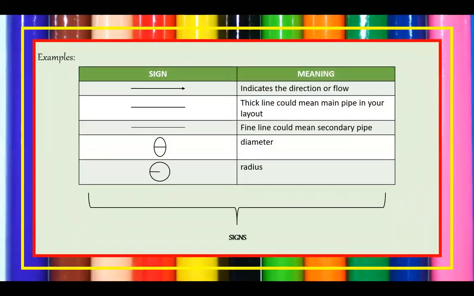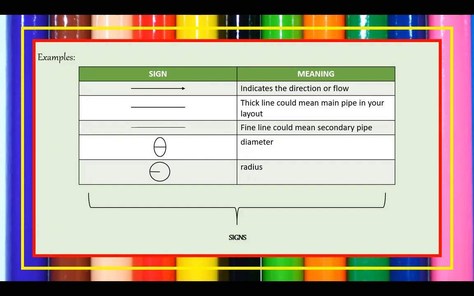For the signs, you can use signs such as the following. For example, the arrow to the right indicates the direction of flow. The thick line could mean a main pipe in your layout. The fine line could mean a secondary pipe.